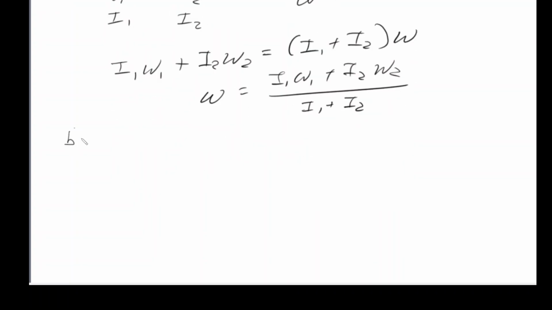The second part is, what is the work done by friction? So we know work is equal to the change in kinetic energy, which is equal to K final minus K initial.